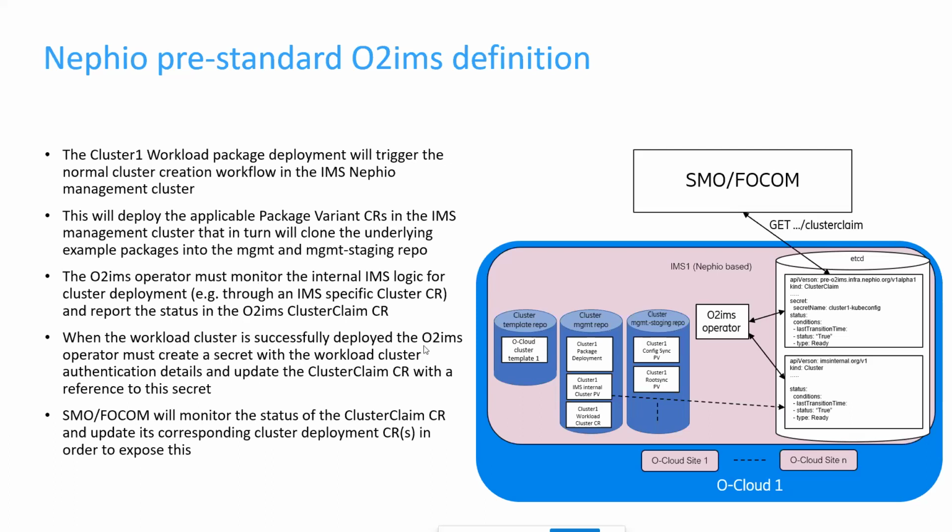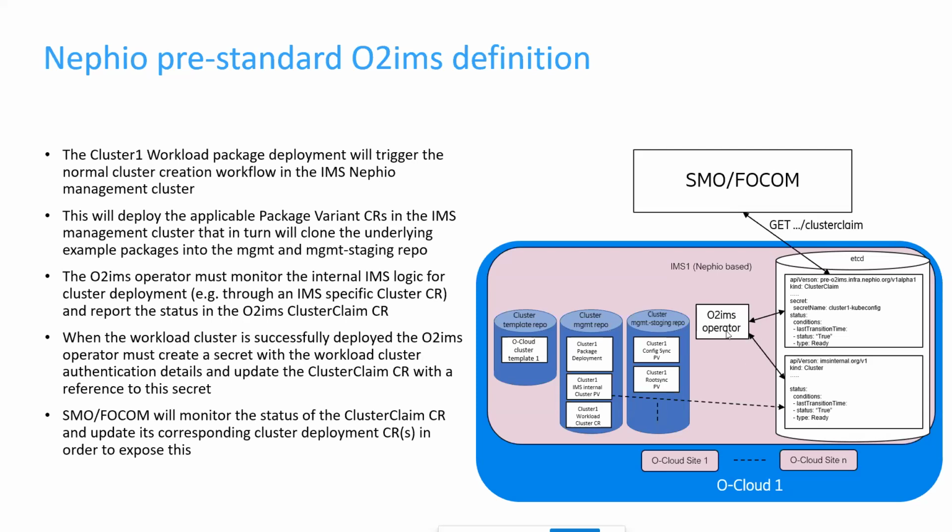So then I agree that there will be a lot of other resources. There must be some way for this O2IMS operator, as I see it, to judge via the status conditions of these resources when this workload cluster is actually up and running.